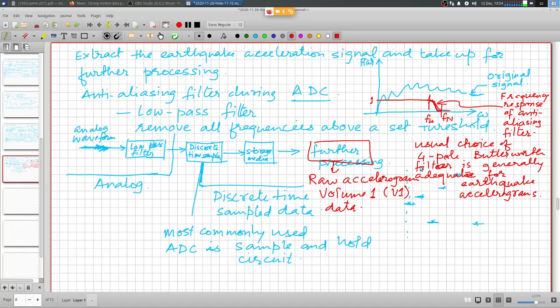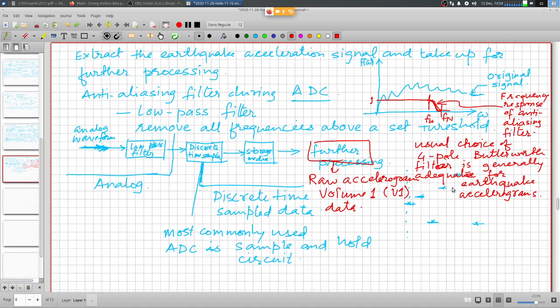So the uncorrected or raw accelerogram will contain the information about the low pass filters, sampling interval, etc., and the discrete time values of the data coming out of the sample and hold circuit. These would then be used for the further analysis that we do.